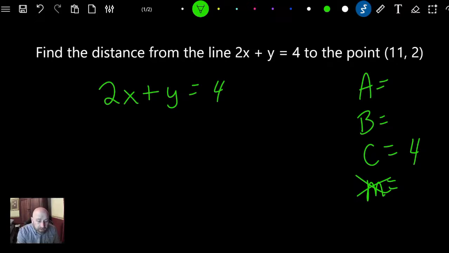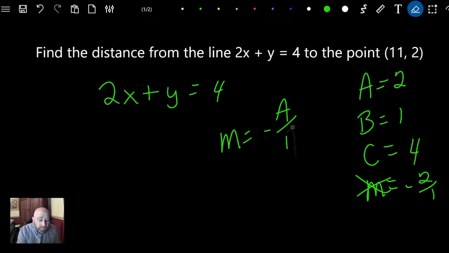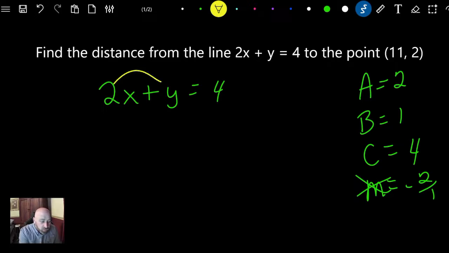It's 4, the A is 2, and the B is 1. All we really need to find here is the A and the B, because we have that slope equals negative A over B. And as soon as we plug these two things in right here, we find that the slope is negative 2 over 1. All right, so we can put it down there, negative 2 over 1. Now, we didn't even really need to do that, because we know that from last lesson, we can just instantly switch these two things.